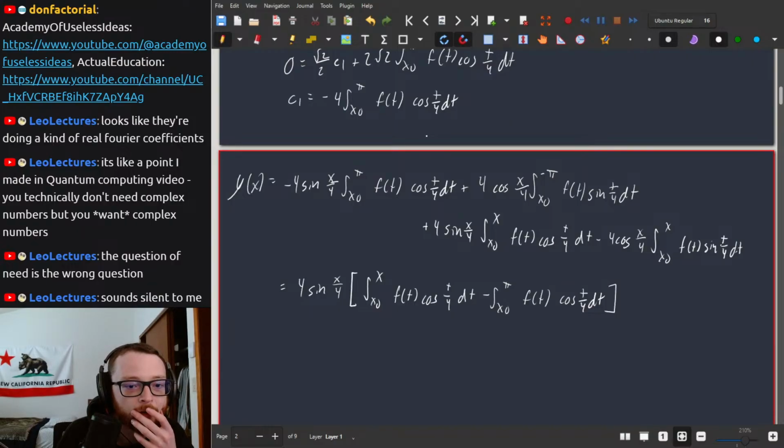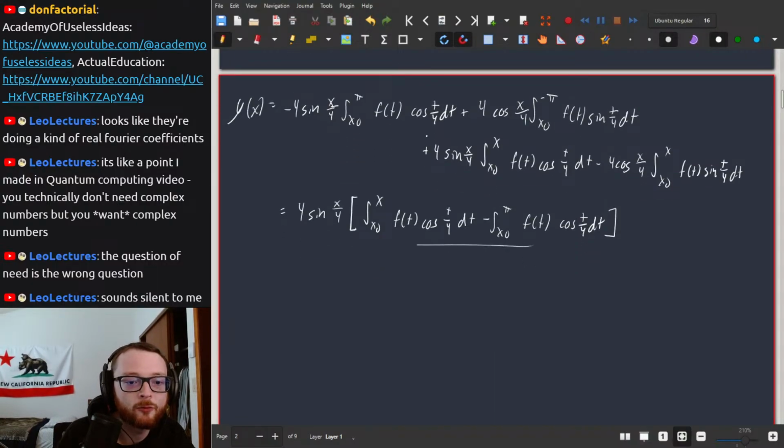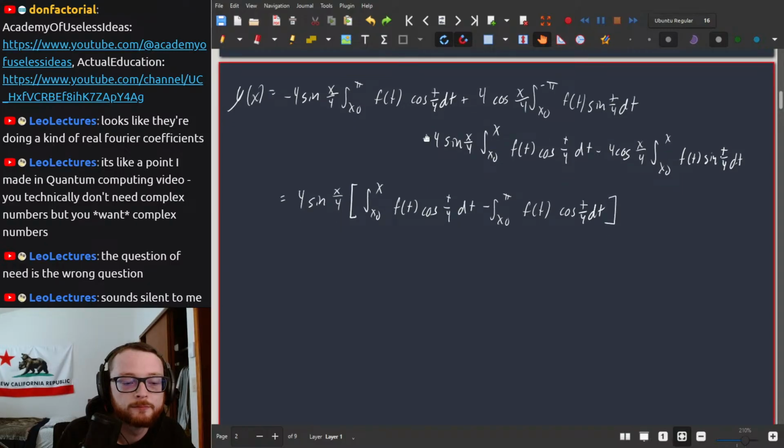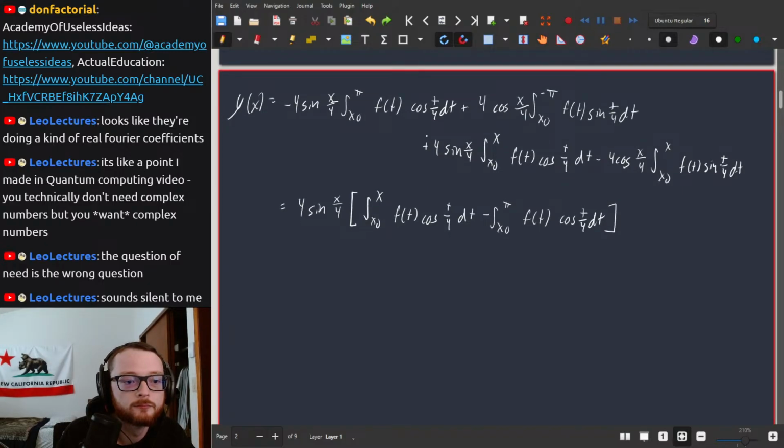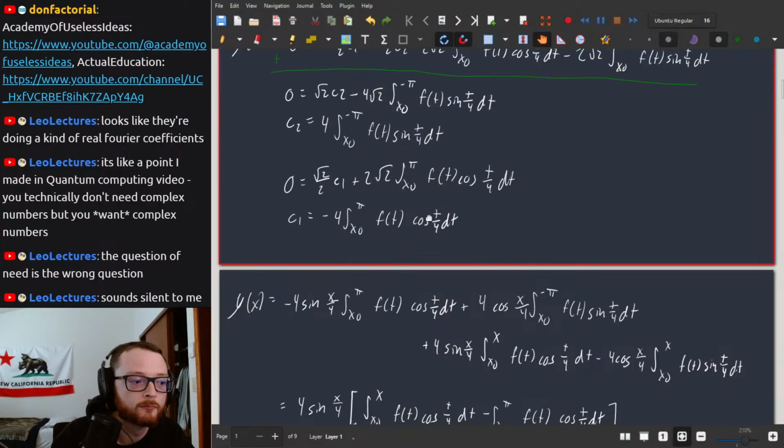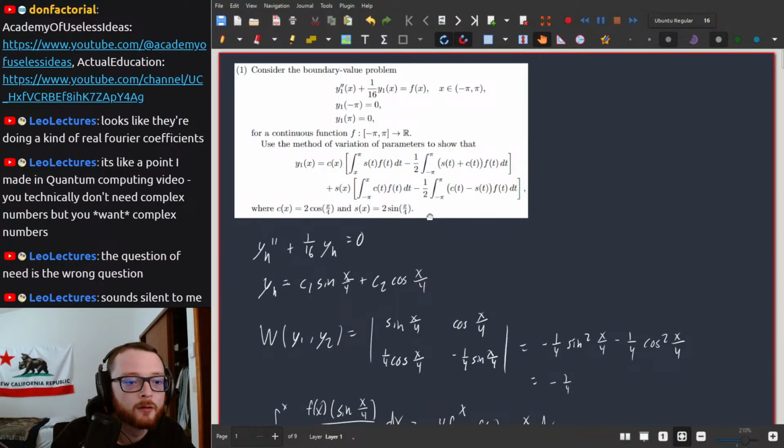Wait, ooh, this is bad. Wait, no, it's not bad. I thought these two integrals were canceling, but the bounds are different. Wait, I'm only supposed to have a 2.